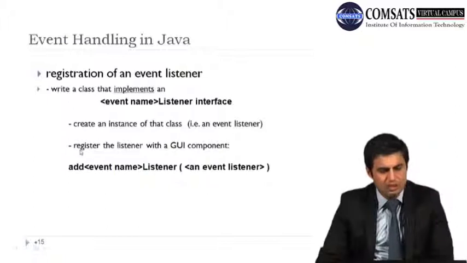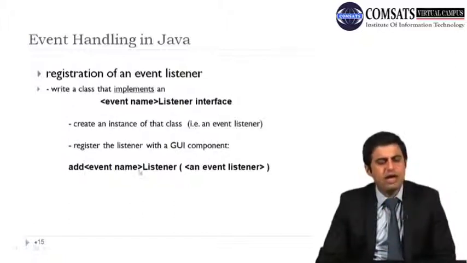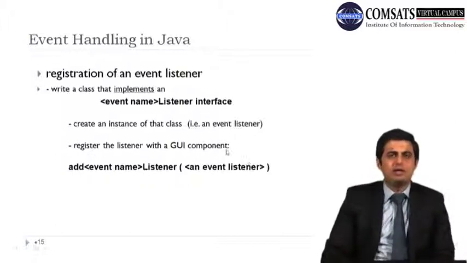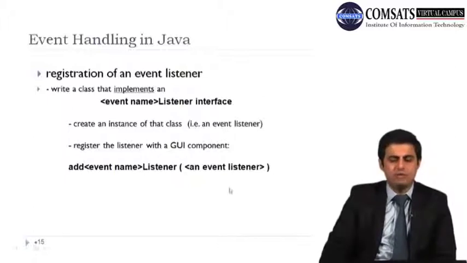So you have to register it. How do you register it? With add, the event name, and listener. This way you are adding the listener to the component, and through this piece of code it will keep looking at that component and act accordingly.